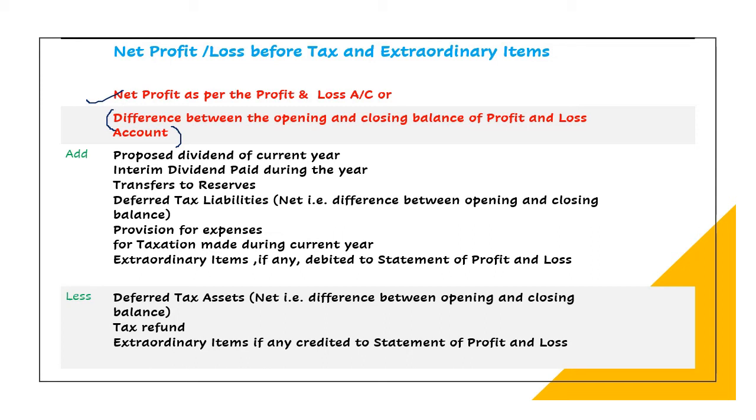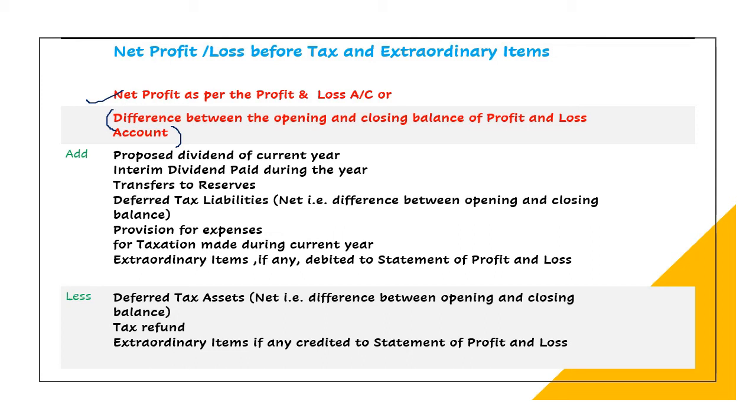When we calculate net profit through profit and loss account, we deduct all the expenses. In this case, we have to add back all the non-cash expenses or non-operating expenses.